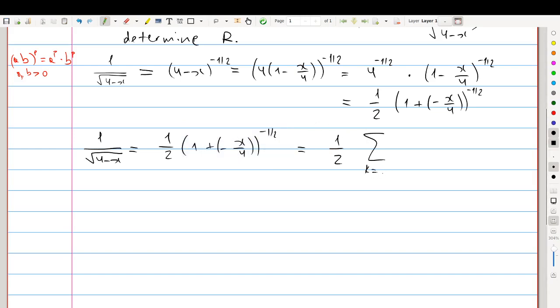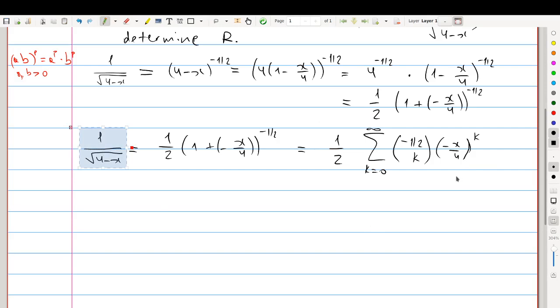We have the sum from k equals 0 to infinity, and then the binomial coefficient is p, so minus 1/2 choose k, multiplied by this term here raised to the power k. Normally what we would put here is x raised to the k, but now we have minus x over 4 in place of x. And so this is the expression we have for the Maclaurin series of our function.